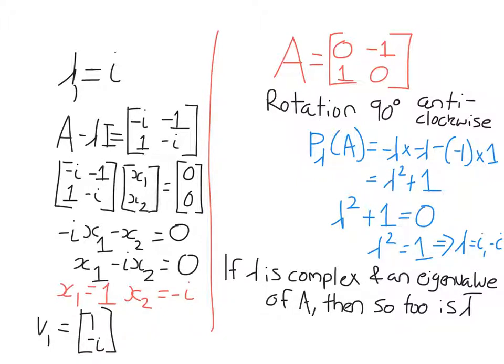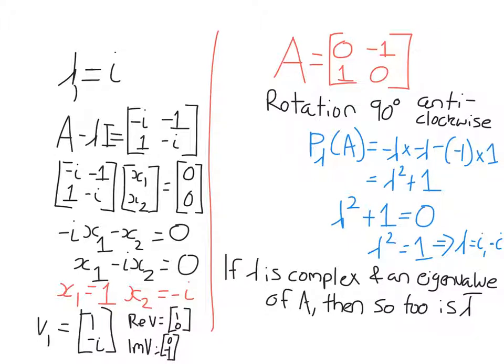It becomes important for calculations that we can decompose this vector v1 into its real and imaginary parts. So the real part of v is just (1, 0), and the imaginary part of v is (0, minus 1).